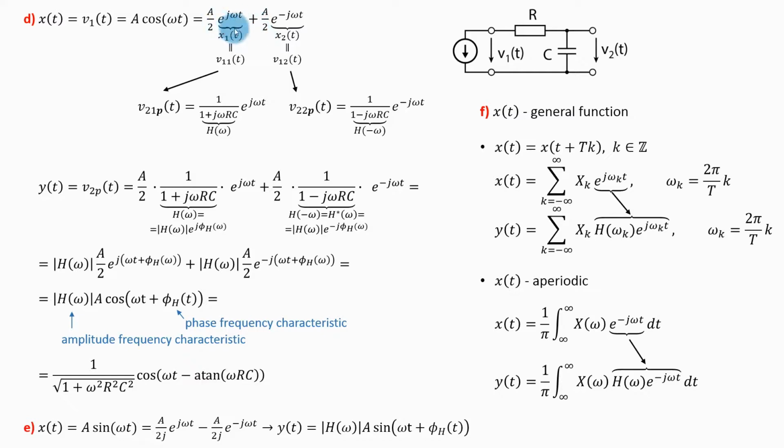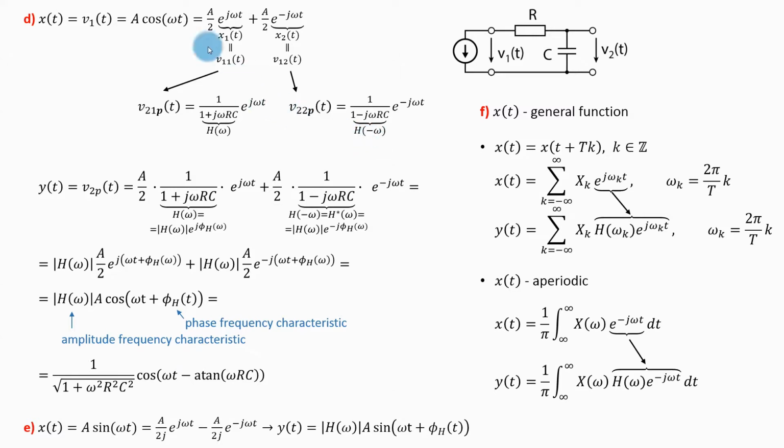When this exponential is passed through the system, it will be multiplied by a complex number that corresponds to the system's frequency characteristic at frequency omega. When this exponential is passed through the system, it will be multiplied by a complex number that corresponds to the system's frequency characteristic at frequency minus omega.